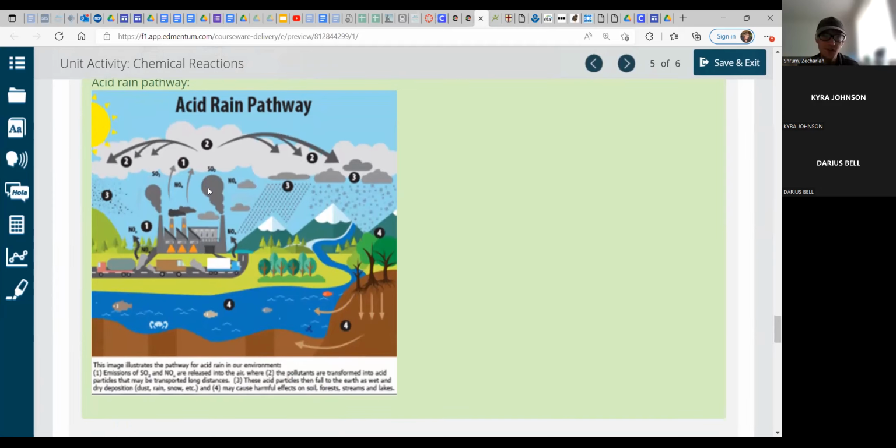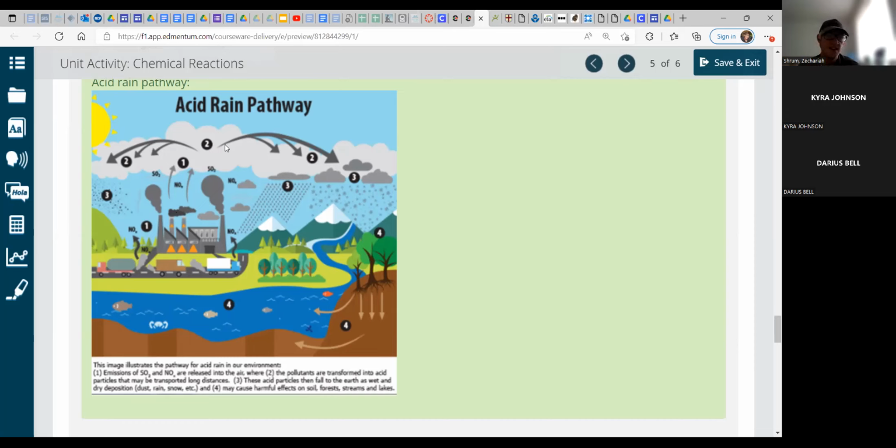illustration or visual, and it shows you the steps of acid rain production. So first you have the emissions from this plant, the coal plant. It enters the clouds. The pollutants are transformed into acid particles, and those particles can travel long distances.